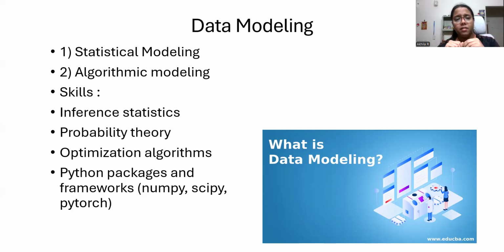So for that, there is something called algorithmic modeling, where you define a model and tell it that this model will eventually learn the relationship between the parameters, which is actually not linear. Like in the case of statistical modeling, the example we were discussing was a linear relationship, right? It might not be linear in this case.